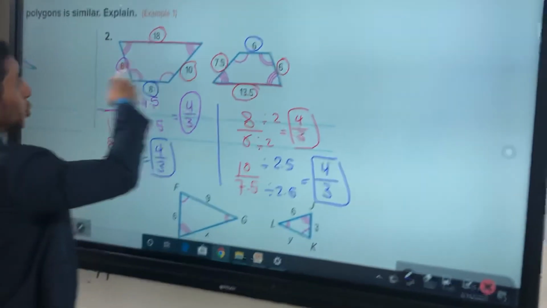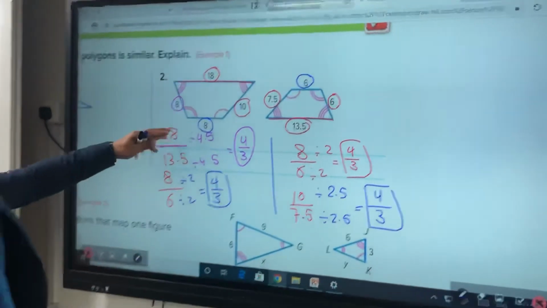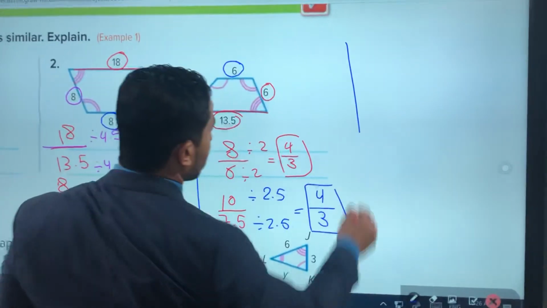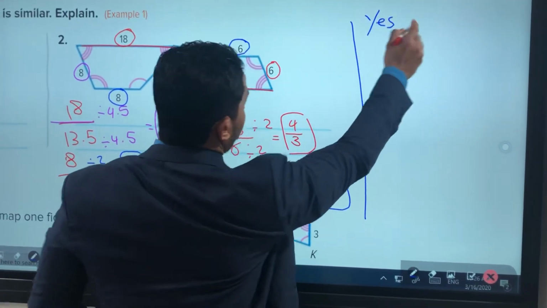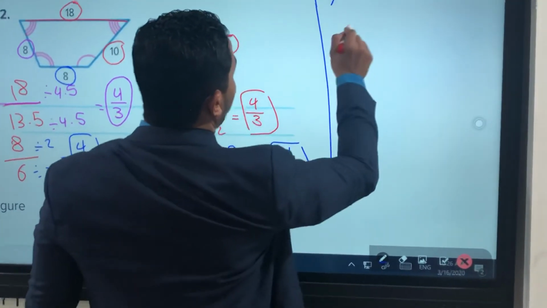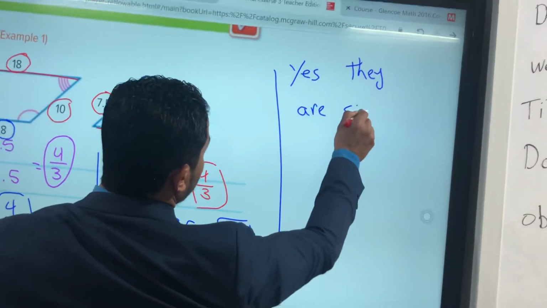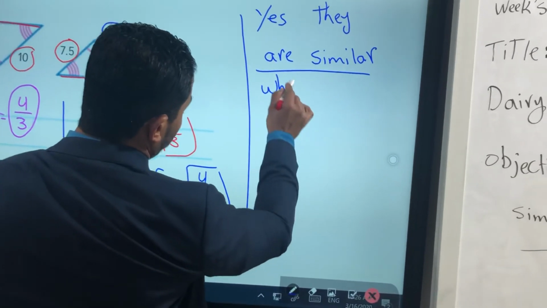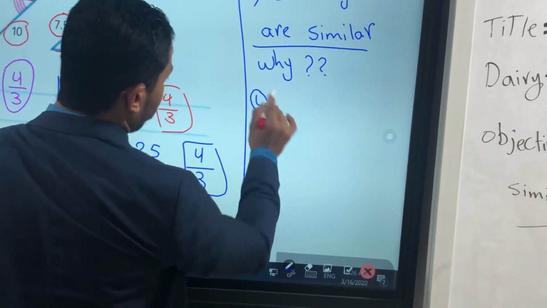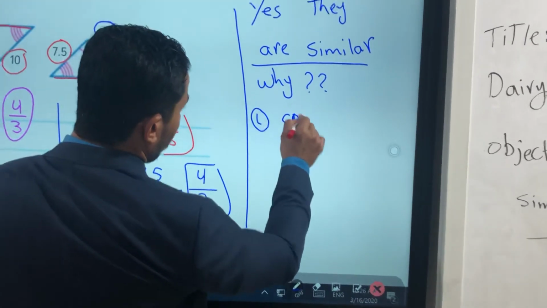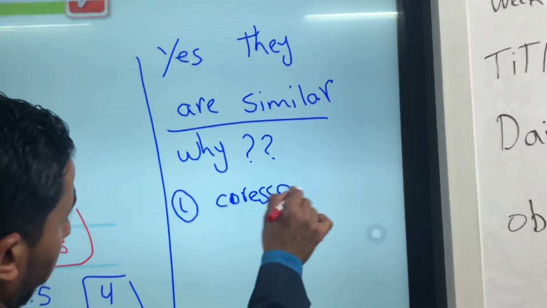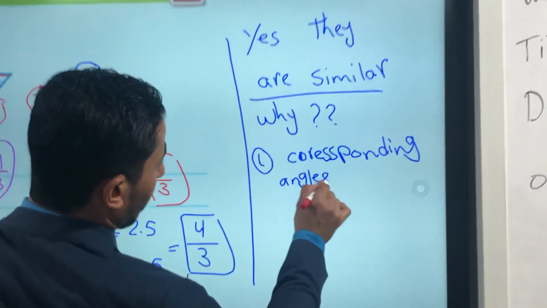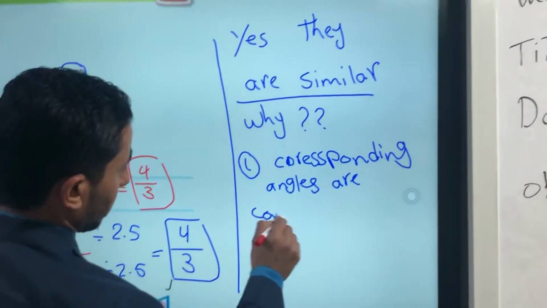So these two quadrilaterals are similar, because yes, they are similar. Why? Number 1, corresponding angles are congruent.